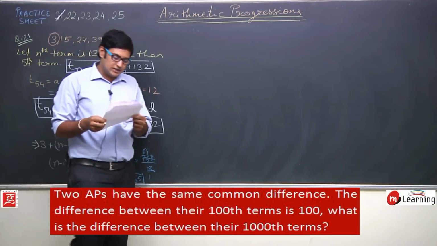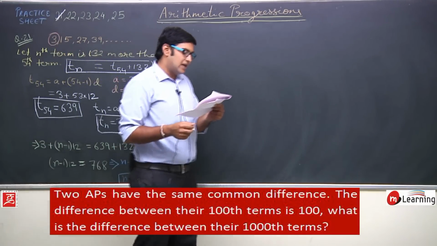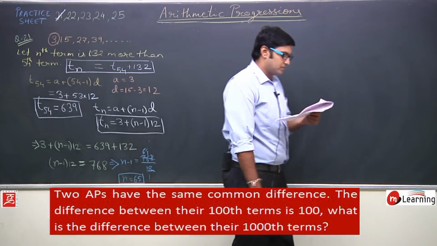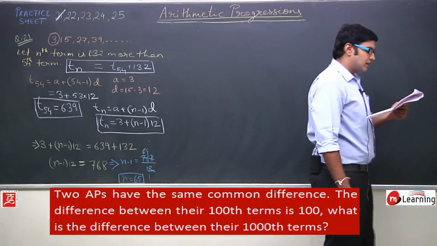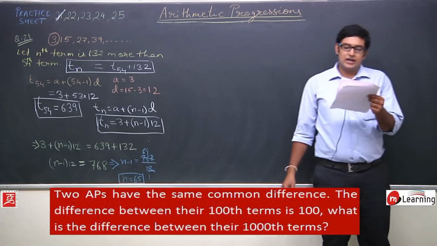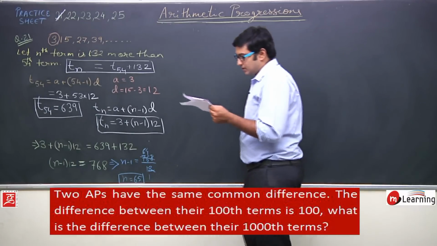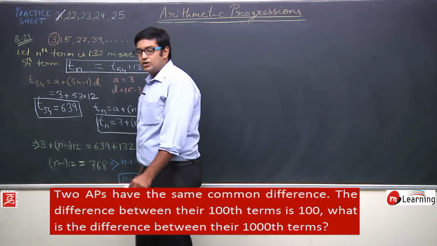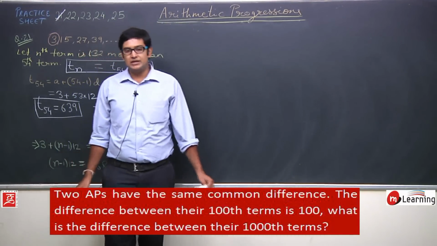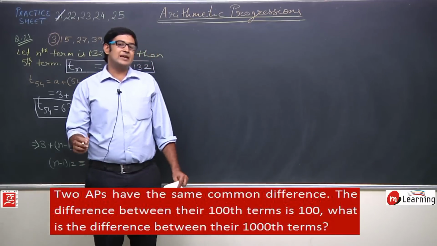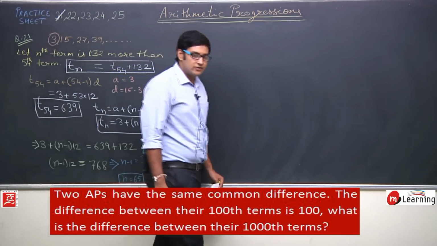Question number 22 says, two APs have the same common difference. The difference between their 100th terms is 100, and what is the difference between their 1000th terms? Okay, so there are two different APs which have the same common difference.